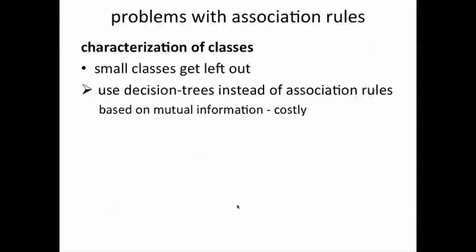Of course, computing mutual information is costly because it requires all the joint probabilities to be known and is not really possible for large numbers of features.